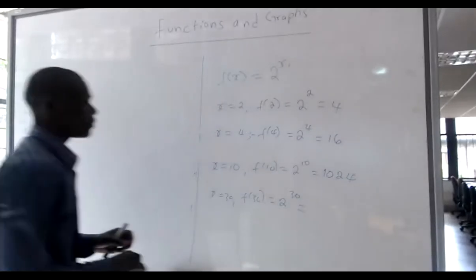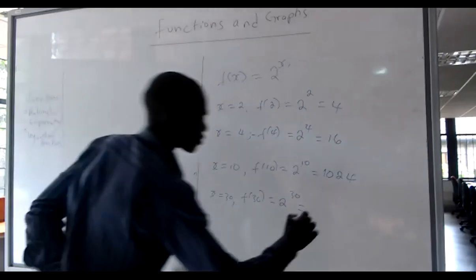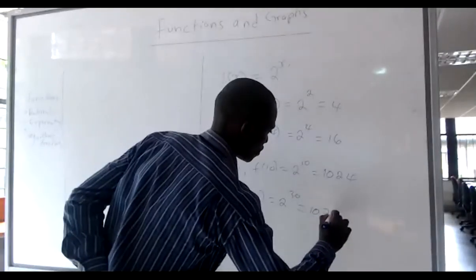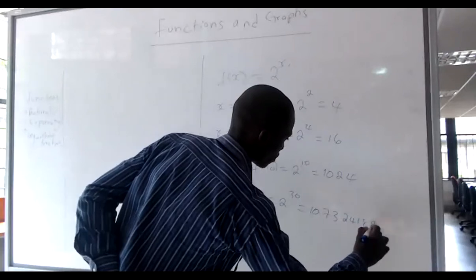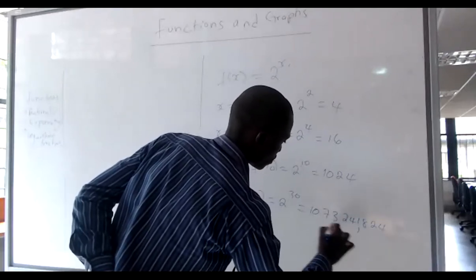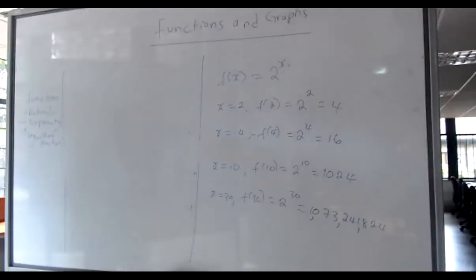How about this? 73, 74, 18, 24. So this is a very big number.